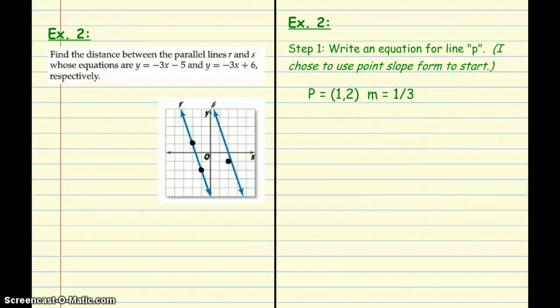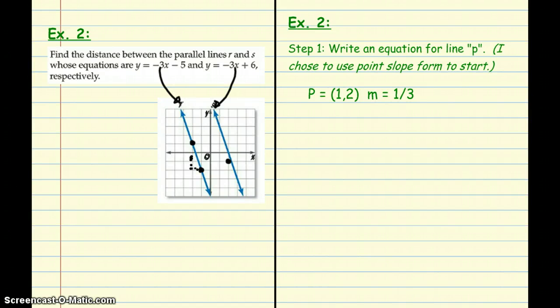And so we have these equations, y equals negative 3x minus 5 and y equals negative 3x plus 6. Here's our first equation, and there's our second equation. And now what I've done, in order for me to create this perpendicular, is I found a point on the line right here that's sitting right on the coordinate, and then I found another one. To make a perpendicular line, I kind of use the idea of slope.